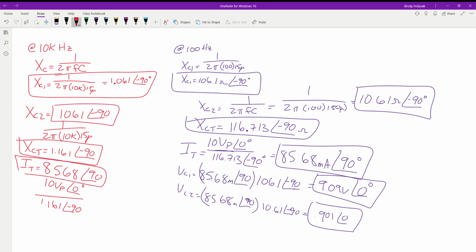And then the voltages? 9.091. C2? 0.909. As far as these values, or?